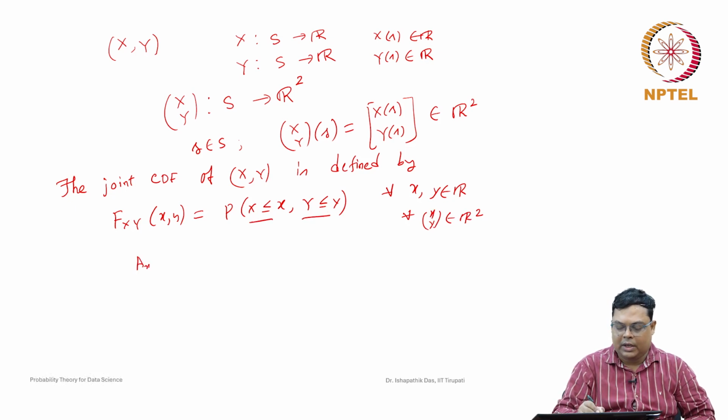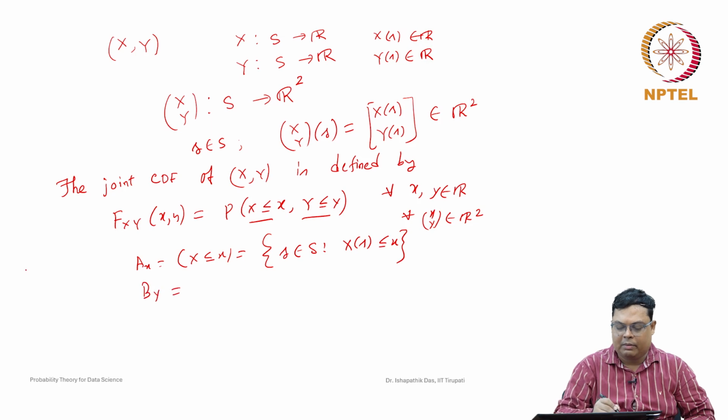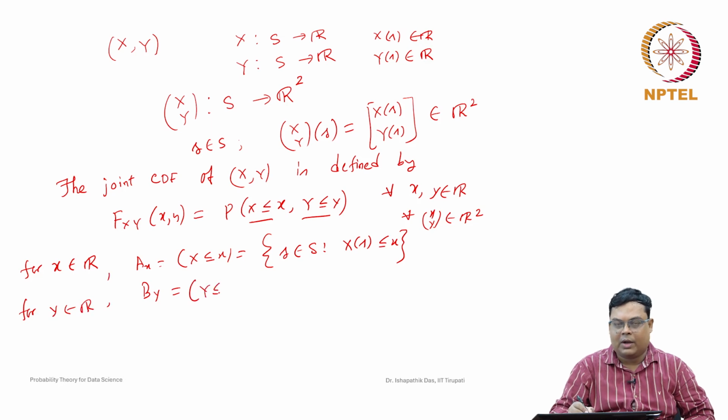We denote A_x as the event X less than or equal to x, which is nothing but all s belonging to S such that X(s) is less than or equal to x, and B_y is the event for y belonging to the real numbers, B_y, which is nothing but all s belonging to S such that Y(s) is less than or equal to y.